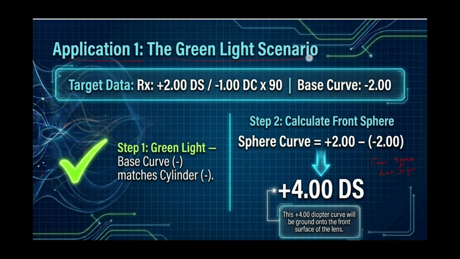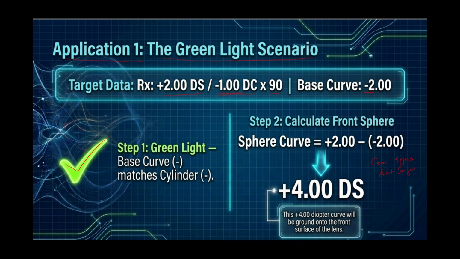It is the green light scenario, that is, the prescription sign and the base curve sign are both matching. This is a minus, that is a minus. So as per our scenario, it is a match, so there is a green light. We can go ahead and do step 2. What is our target? Our target is +2 diopter sphere, -1 diopter cylinder at 90 degrees.